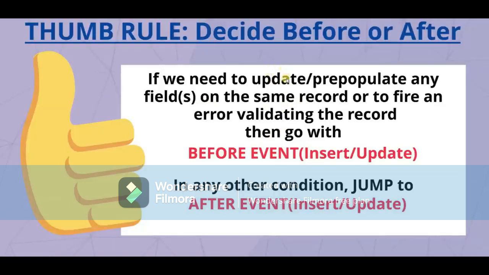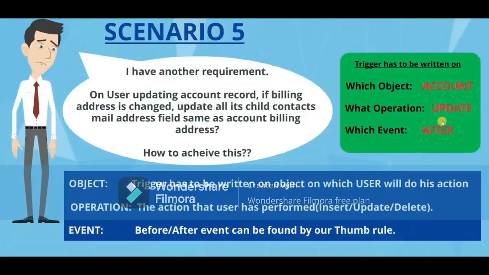So the user is updating the account and then child records have to be updated as per the logic. This is completely different from updating the same record or firing a validation error. As this is not satisfying that particular condition, we need to go ahead with after event. In any other condition, jump to after event. So the event would be after. So we need to write the trigger on account on after update event.